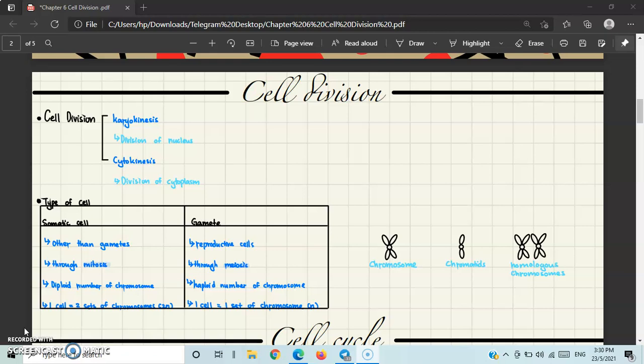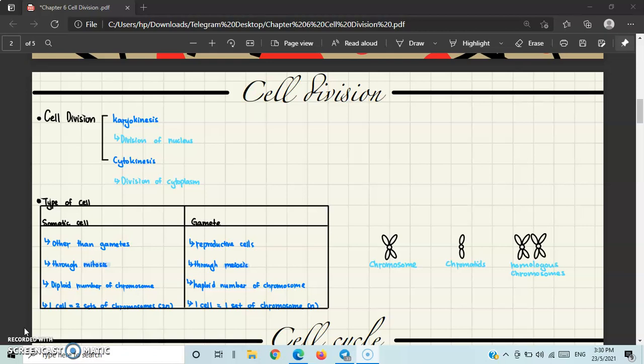It is referred to the division of the nucleus. Kinesis refers to the division, karyo refers to the nucleus, division of the nucleus. And then cell division also includes division of the cytoplasm, which is cytokinesis. Cyto refers to the cytoplasm, kinesis refers to the division.